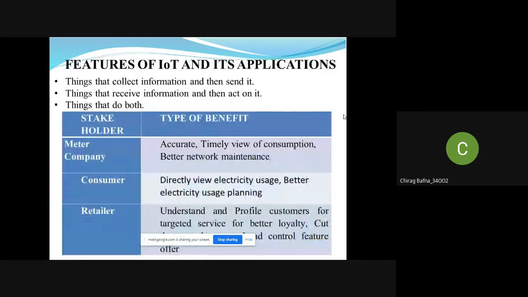These are the things that collect and receive information and send it. After sending, we should take action on that, and both things we can do on their own. Its application is definitely beneficial for the meter company, consumer, and retailer itself.